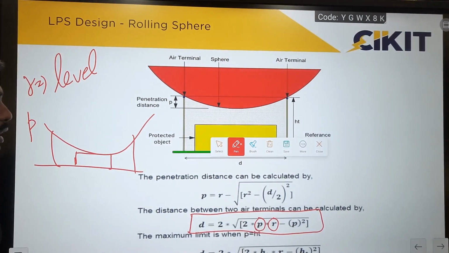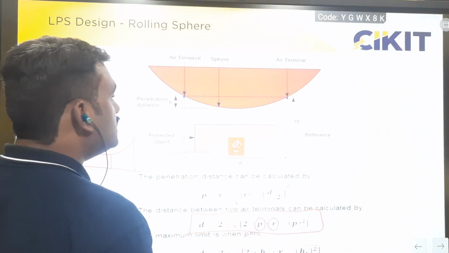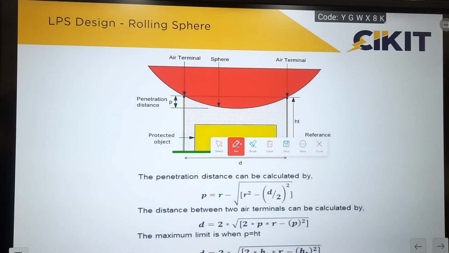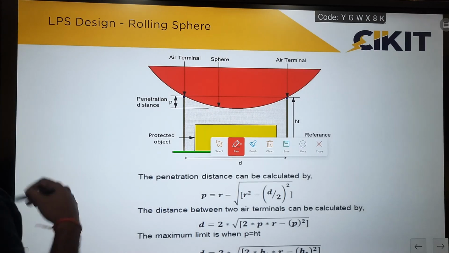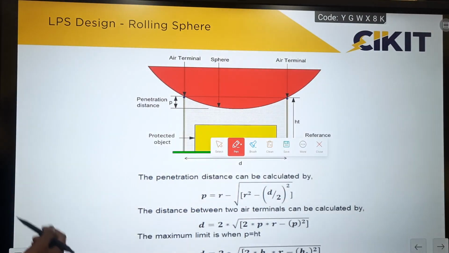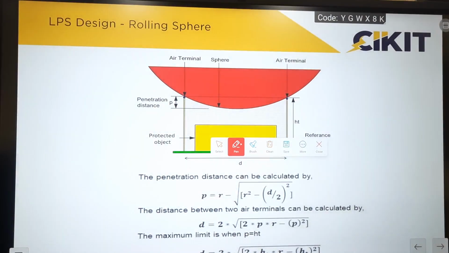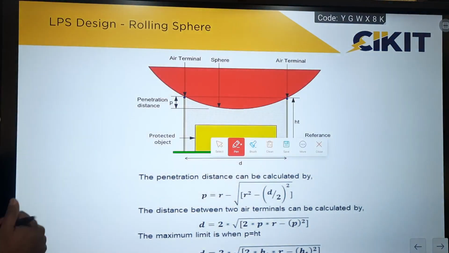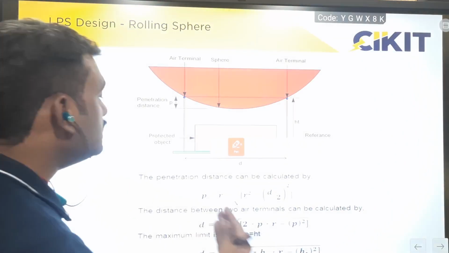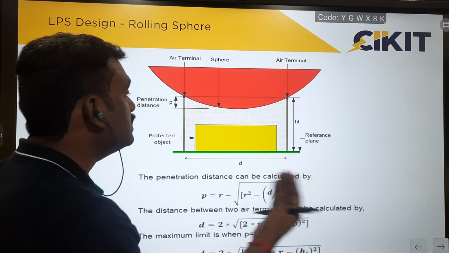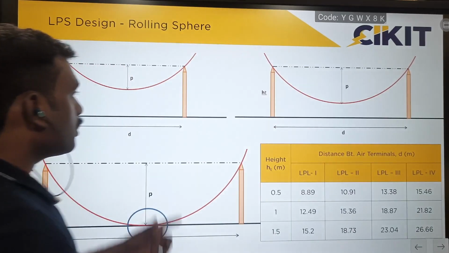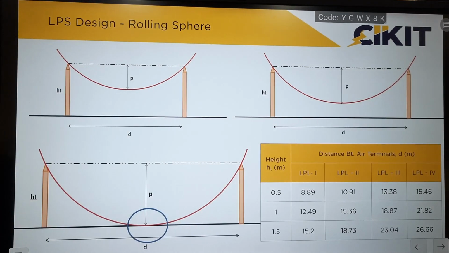By using this formula, I can calculate the maximum distance between two air terminals so that the structure can be protected. In the protection angle method, we calculate the radius of protection, whereas in the rolling sphere method, we calculate the distance between two air terminals. So it is not the diameter, it is the distance between two air terminals. This is what I have explained.